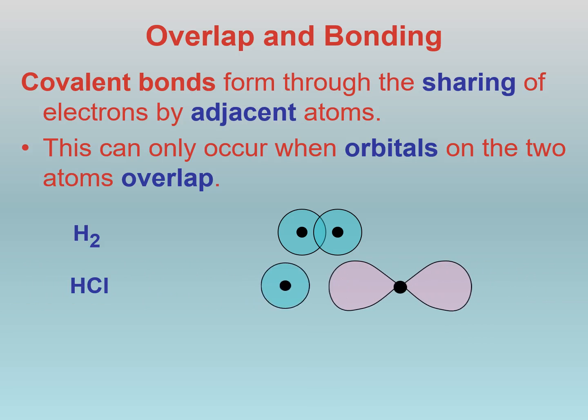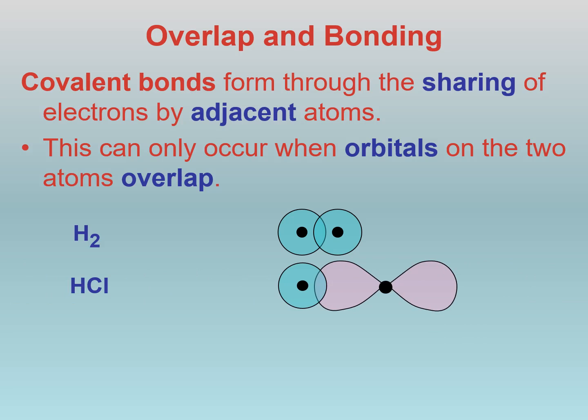All right, here's a different one. Let me get my pointer going here. Over here you can see that this is a p orbital bonded with an s orbital. If you think about it, hydrogen's only got one s electron, and chlorine has the 5 p electrons, well, I should say the 3p5 electrons in the p orbital.